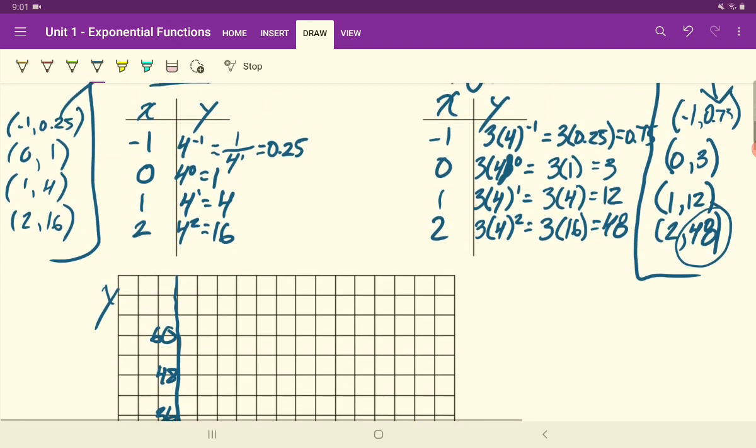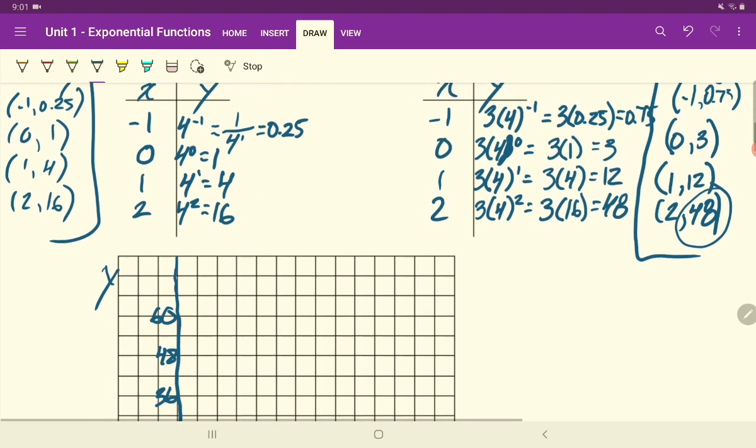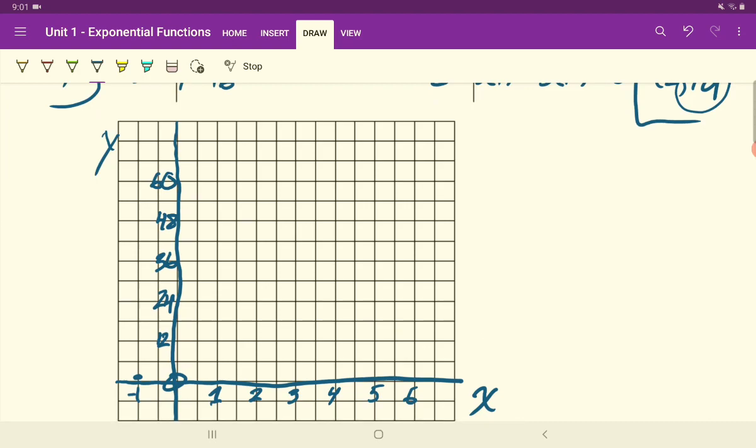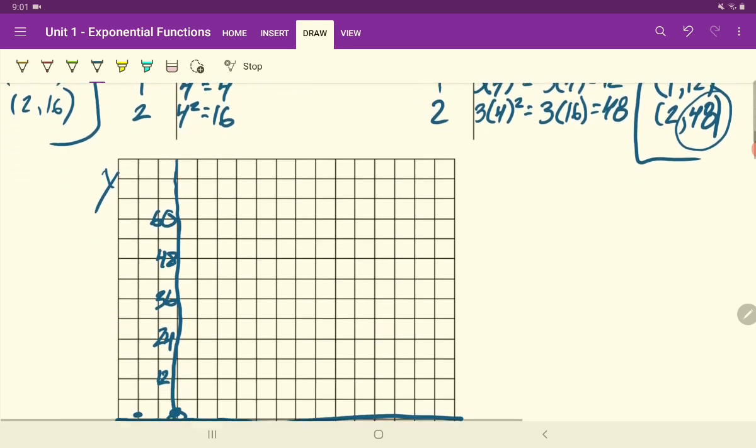All right, so let's begin. So we've got -1 and 0.25. That's basically going to be almost touching your x-axis, right? And we're obviously going to have to ballpark that. 0, 1. Again, we're going to be ballparking where 0, 1 is, slightly higher, right? 1, 4.